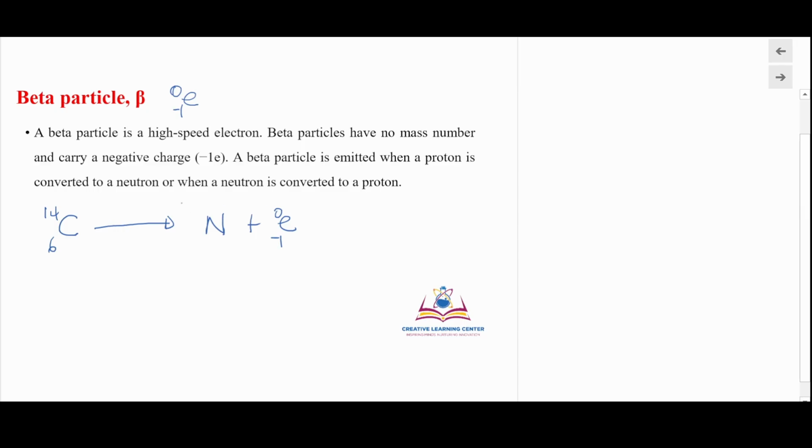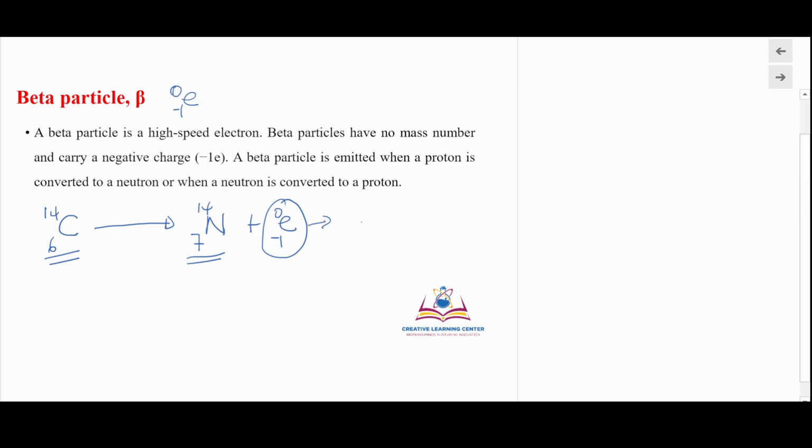Therefore, the 0 and 14 are going to maintain the 14 up here. The negative 1 adds up with the 6 to give us a 7. That implies that I will have my new substance. The original substance is unstable, but I've gained another substance which is more stable by giving off our electron.